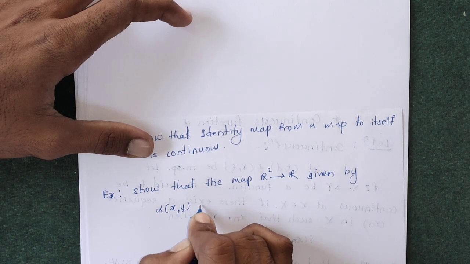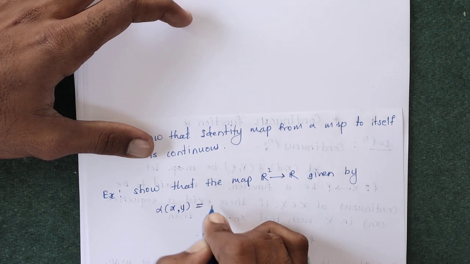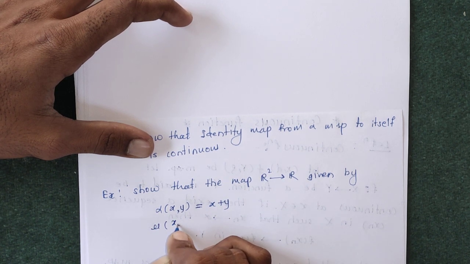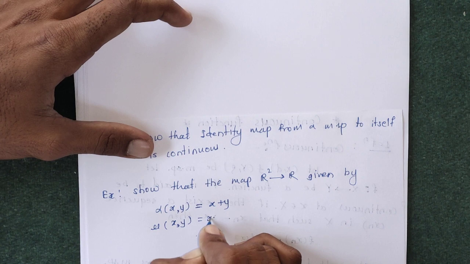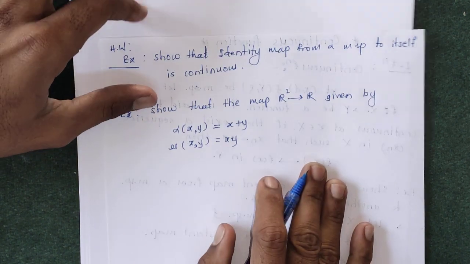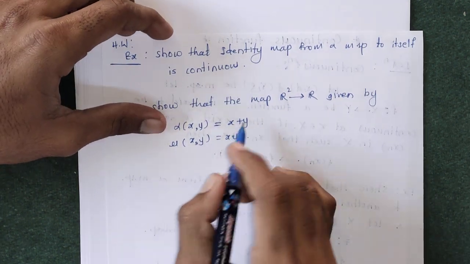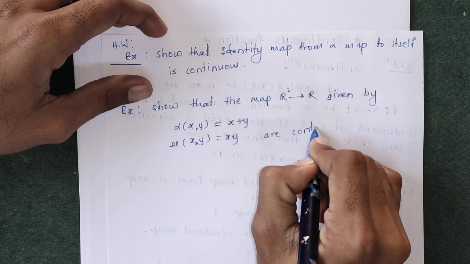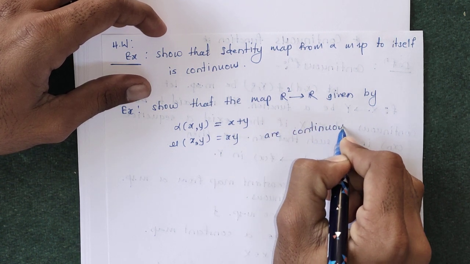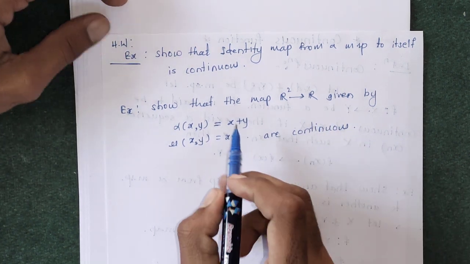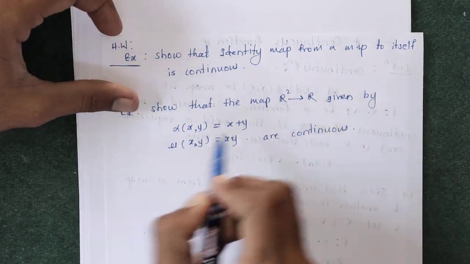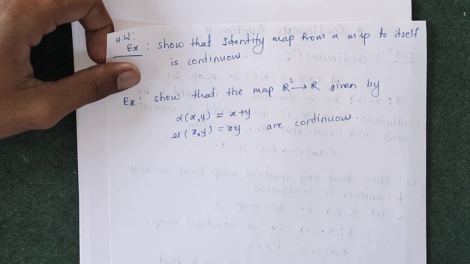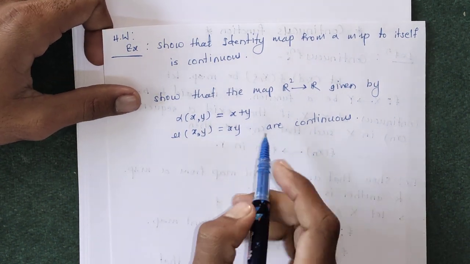So alpha of (x, y) is equal to x plus y and mu of (x, y) is equal to x into y. We have to show that both these functions are continuous.